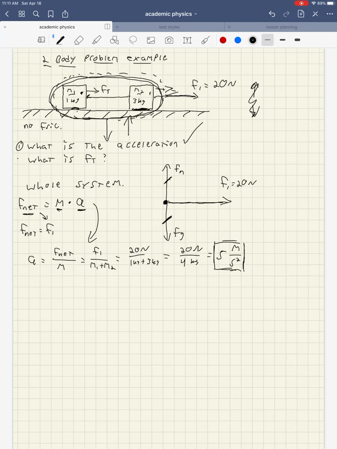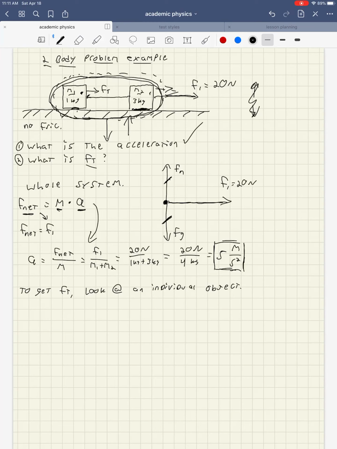What about my force of tension? If I know my acceleration, now I can find that. And this comes from looking at either one of these individually. So to get Ft, look at an individual object.